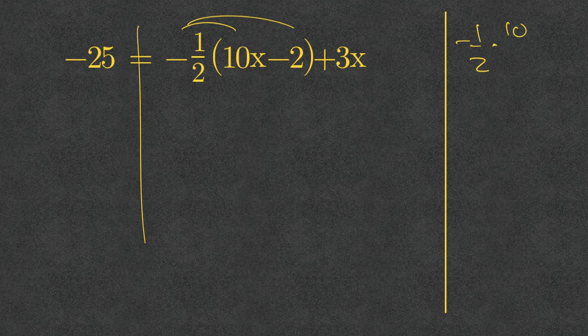If you multiply a fraction to a non-fraction, what I would recommend is that you take the non-fraction, which is 10, and make it a fraction by placing it over 1. Negative 1/2 times 10 over 1. Across the top, that's negative 10. Across the bottom, that's 2.